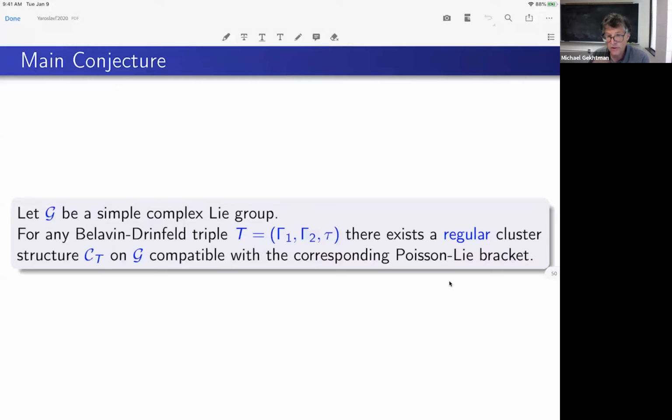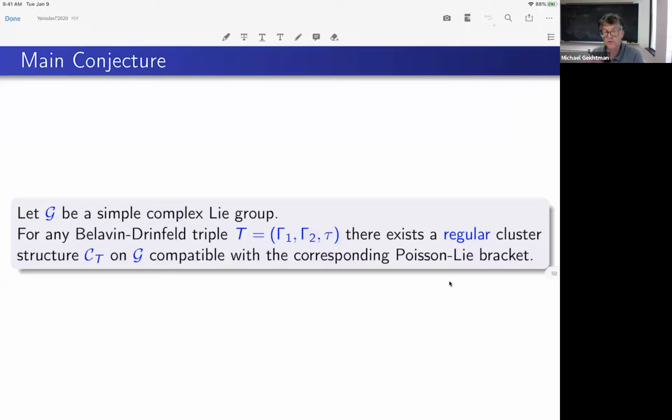We claim that you can find a log canonical coordinate system made out of regular functions on the group, which corresponds to this bracket. We also claim that given such a coordinate system, using the previously described construction, we can define the cluster structure such that after each mutation we will stay within regular functions.